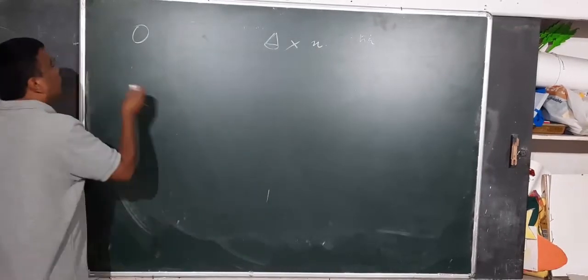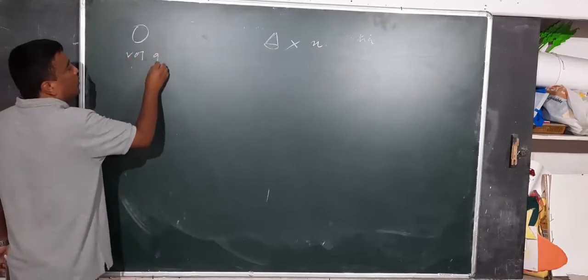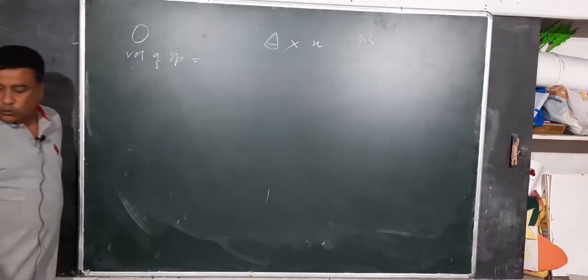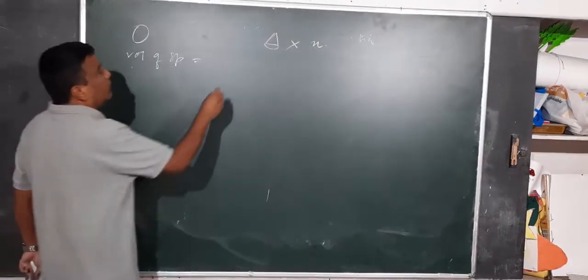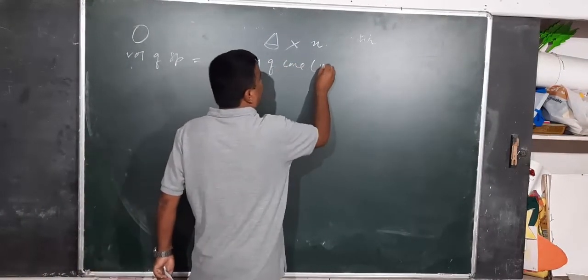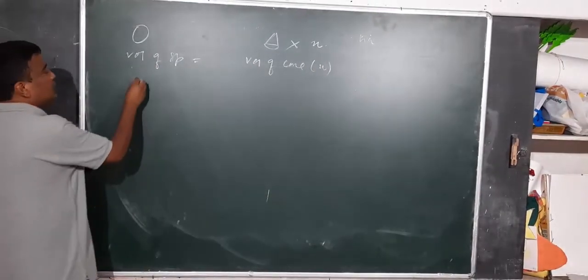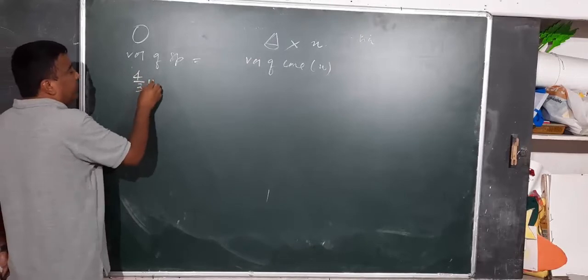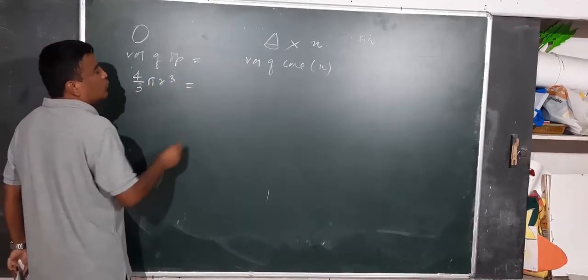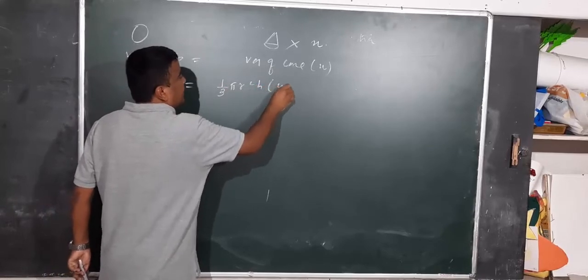Again, both the volumes will be equal. Volume of sphere equals volume of cone into x. After that, sphere 4 by 3 pi r cube equals volume of cone, which is 1 by 3 pi r square h into x.